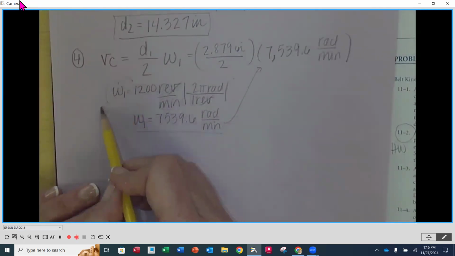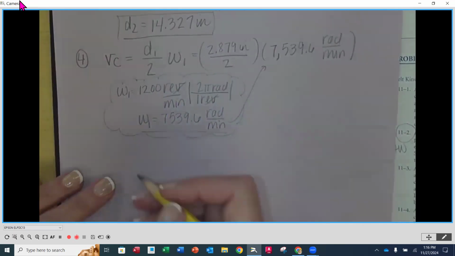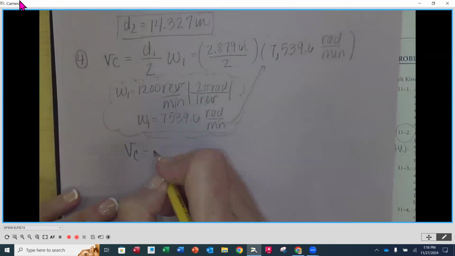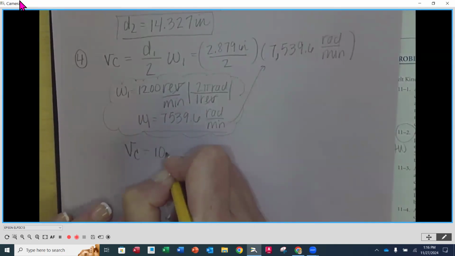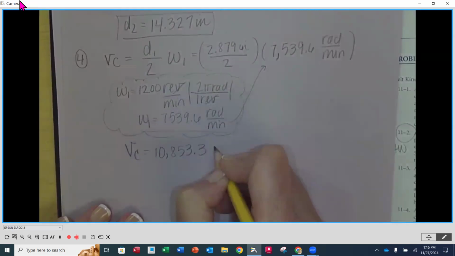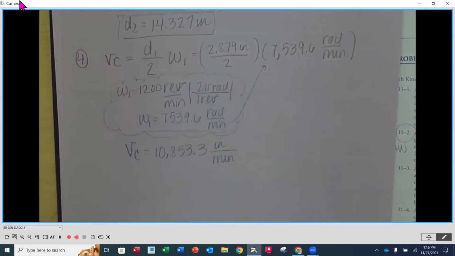So this was kind of a sidebar, if you would, just a conversion. So my speed of my belt looks like it's going to be 10,853.3 inches per minute, right?